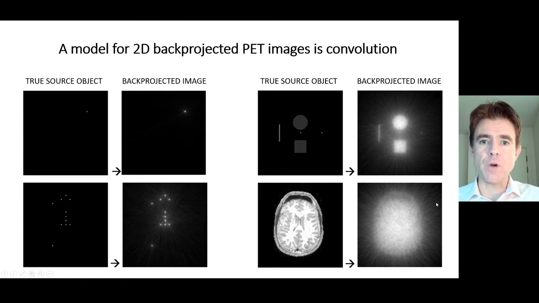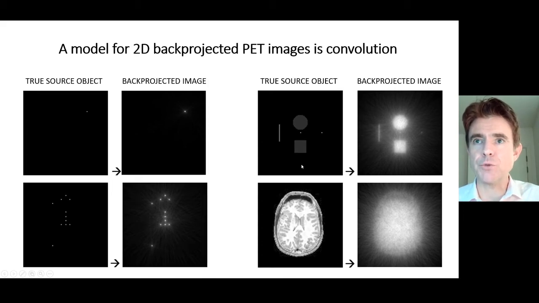So as we know, a simple model for 2D back-projected PET data is convolution. And what I'm showing on this slide are example input, true objects, if you like: one point source, multiple point sources, and in the back-projected output we just get the point spread function located at each location of those input point sources.